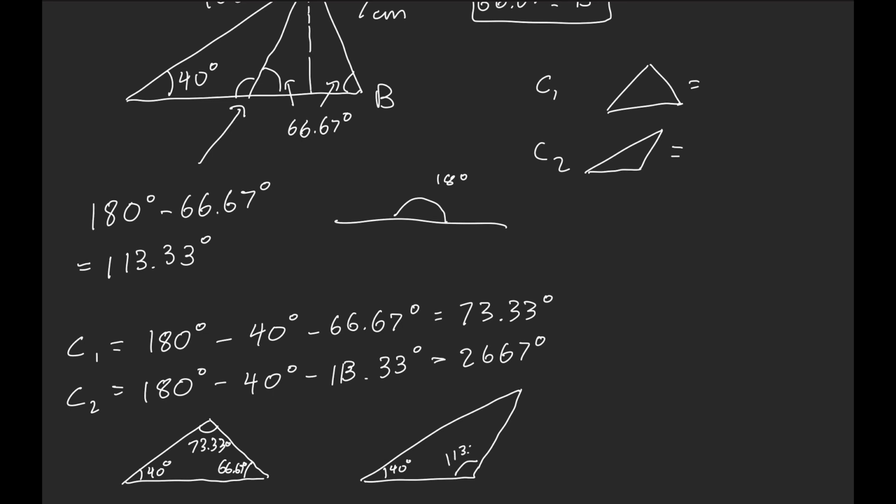C2, since we're given A, we know that this is a constant: 40 degrees, 113.33 degrees, and 26.67 degrees. And boom, there are the two ambiguous triangle cases.